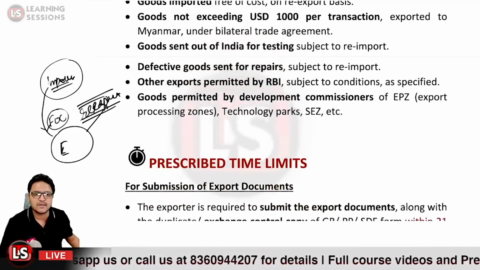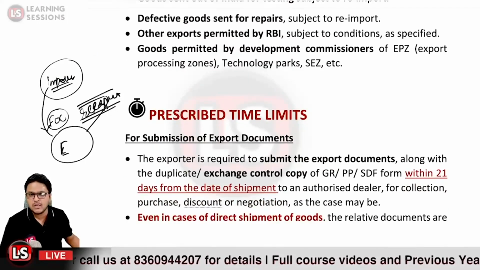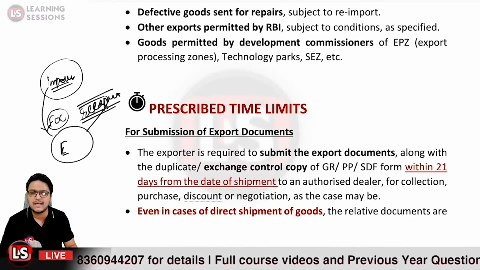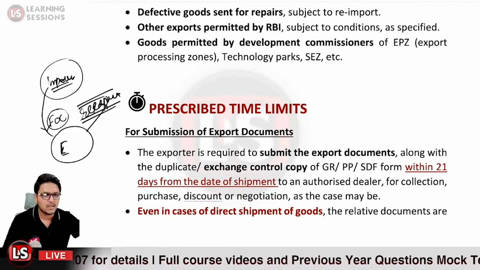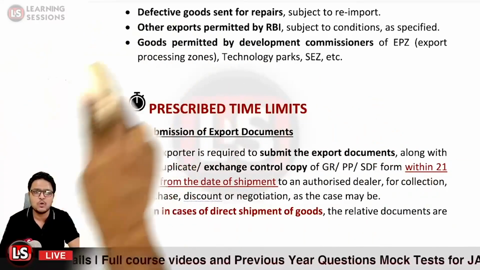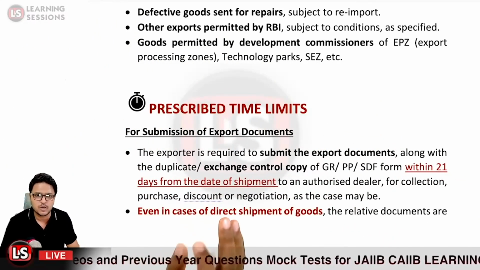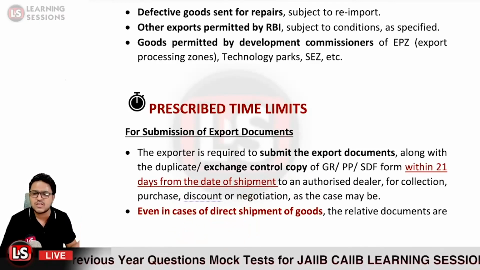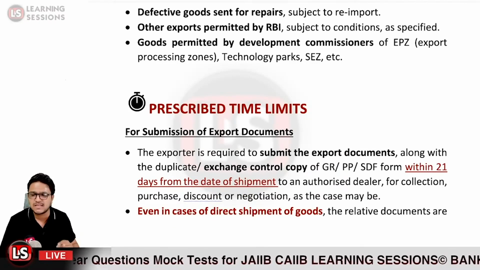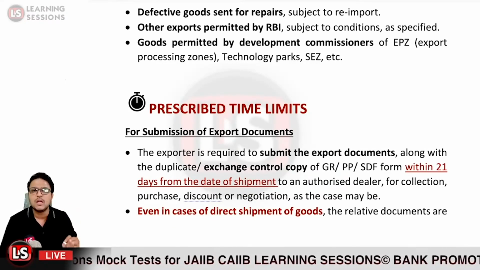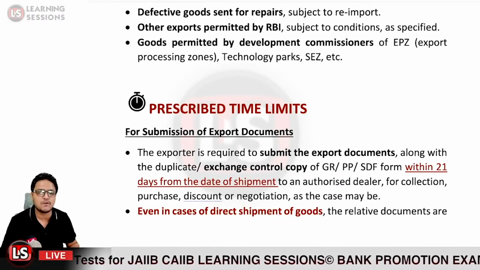And further after that, it is related to the prescribed time limit. Now, related to the declaration forms, there is some prescribed limit. What is it? Let us have a look at it. For submission of the export documents, along with the duplicate or exchange control copy, that is the GR, PP or SDF forms, these are to be submitted within a period of 21 days from the date of shipment.